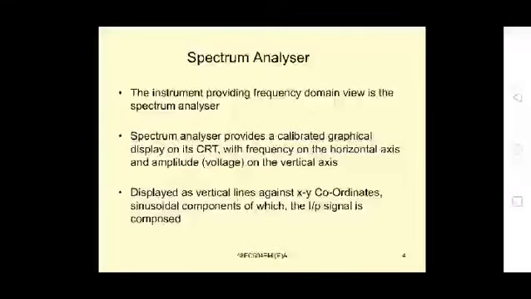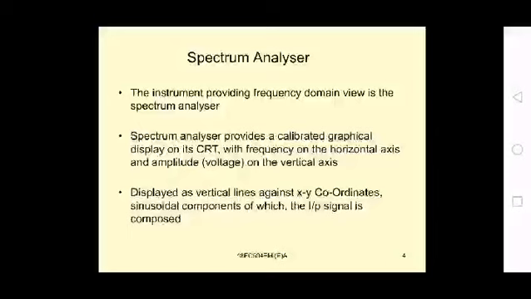So what is a spectrum analyzer? It is the instrument providing the frequency domain view of your signal. That is, on the x-axis you have the frequency, and on the y-axis you have the amplitude of your electrical signal, either voltage or power.